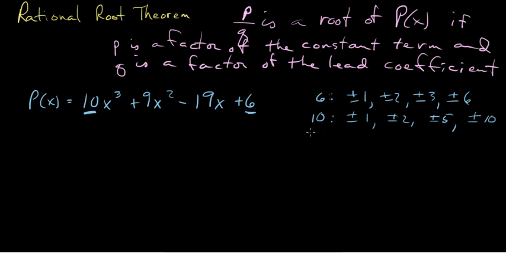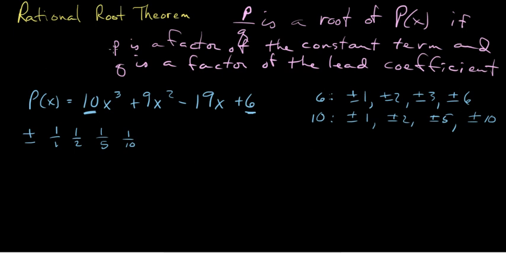So what we're going to do is create a list, and I'm going to go with plus or minus here because all of these things are plus or minus. I'm going to start with this one as a numerator and then make all these denominators. So let me show you what I mean. 1 over 1, 1 over 2, 1 over 5, 1 over 10. See what I did? I took this 1.